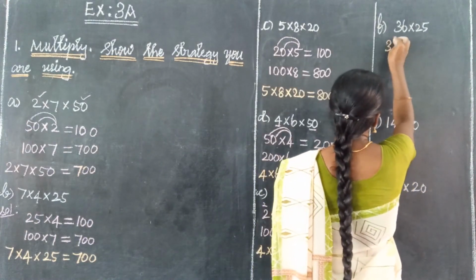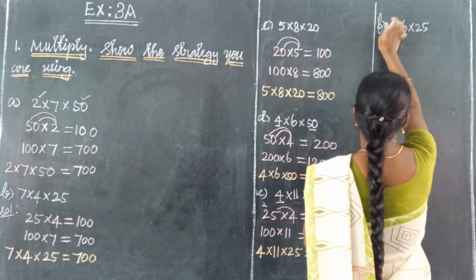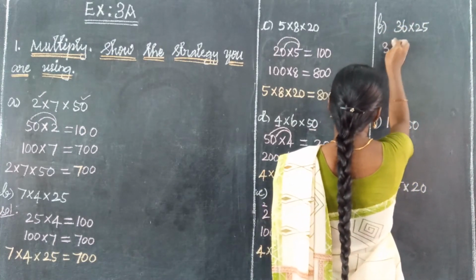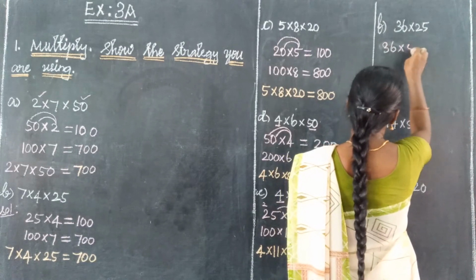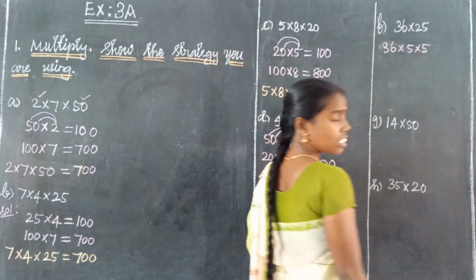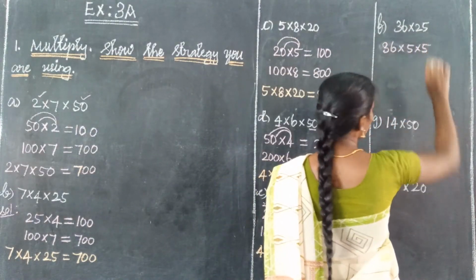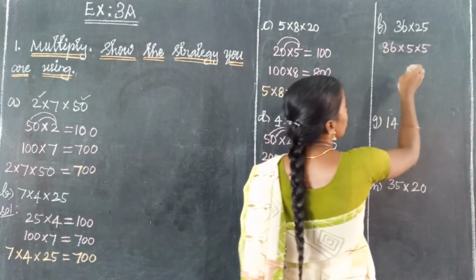So 36 into 5 into 5, where 5 5s are 25. We keep the value 36 the same and split only 25 as 5 5s are 25.